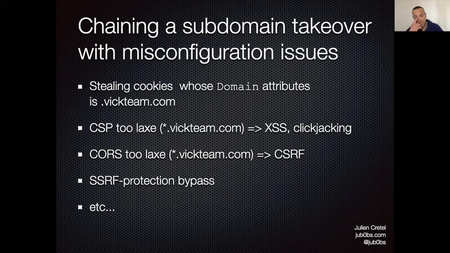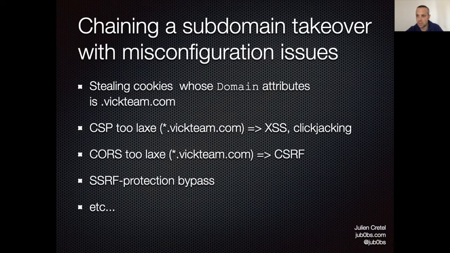And then I mentioned that a subdomain takeover can be chained with other misconfiguration issues and stuff like that. So imagine if you have sensitive cookies scoped at victim.com. That means that if an attacker has taken control of one of your subdomains and manages to lure authenticated users to the subdomain in question, then he or she will be able to harvest sensitive cookies just by looking at the request log.